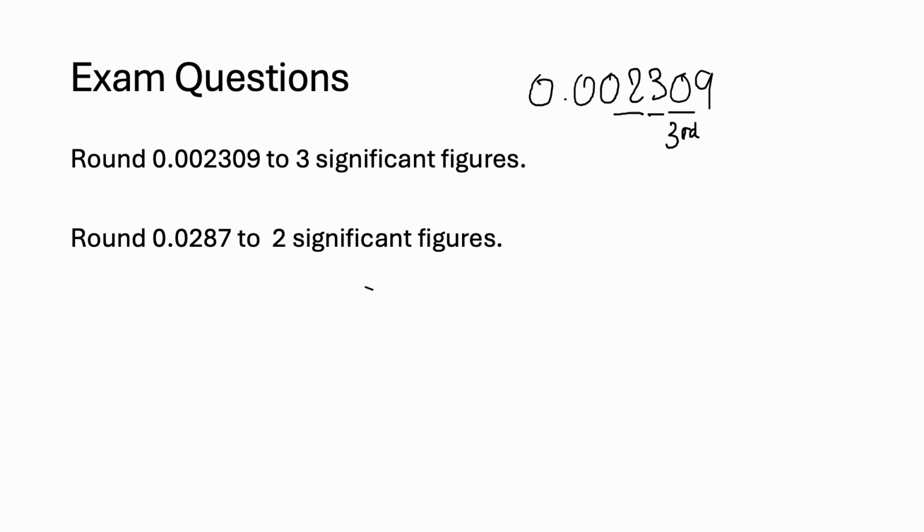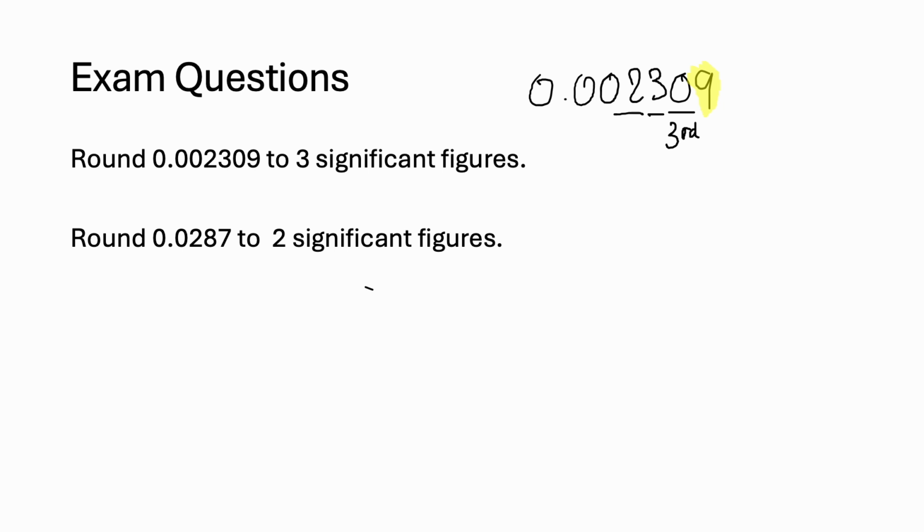Similar to what we do with rounding, we look at the third significant figure, then we look at the number to the right, next to the significant figure that we are looking at. Then we see whether the number next to it is 5 or more, then we round up.